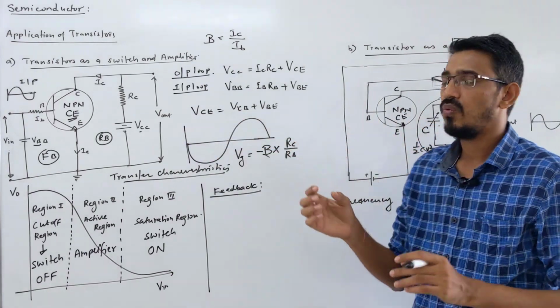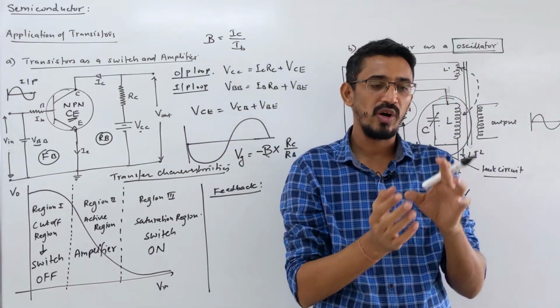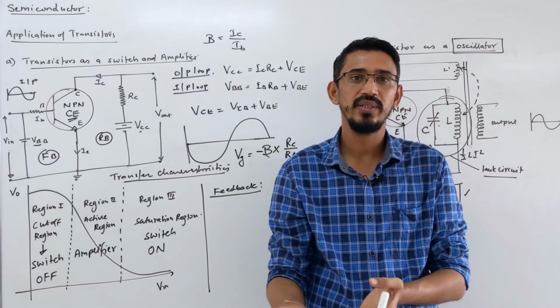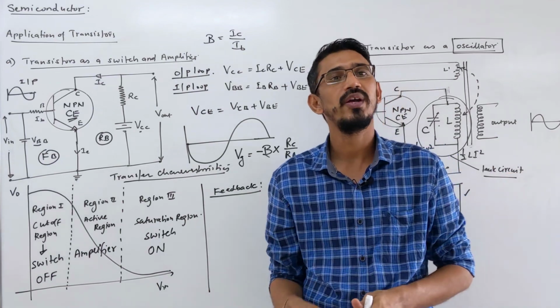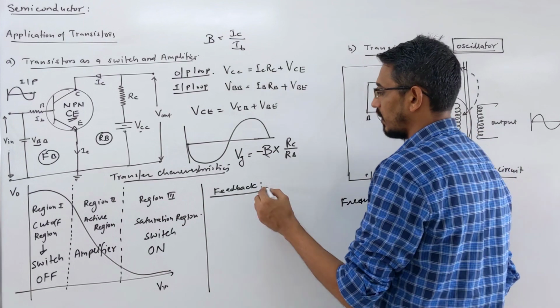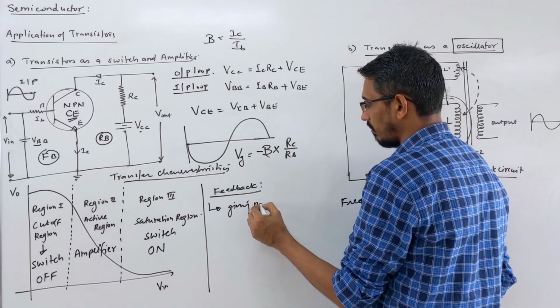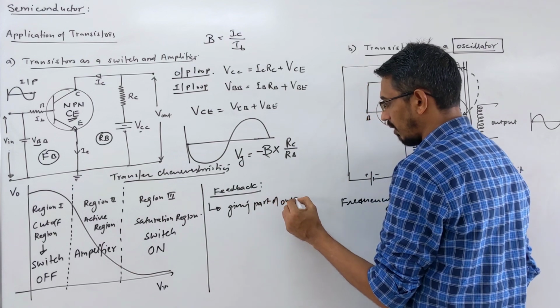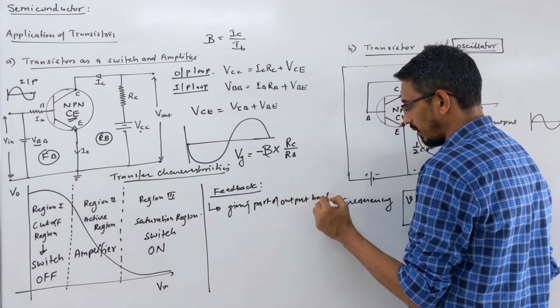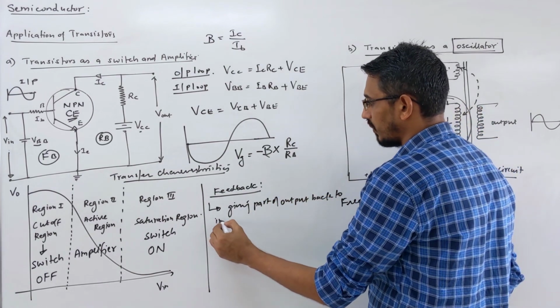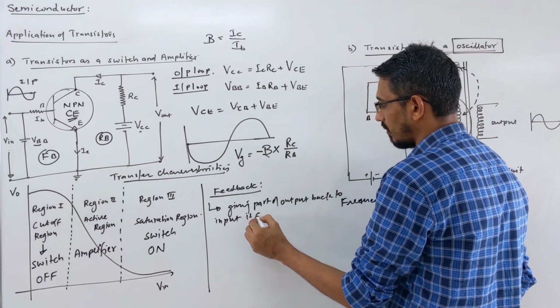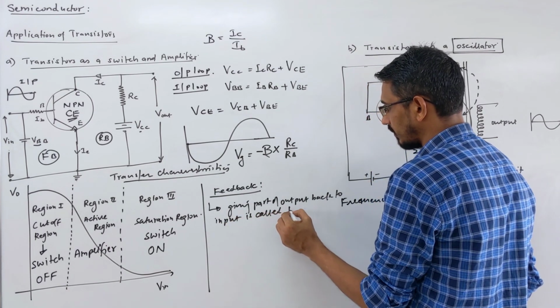Some part of the output is given back to the input. This process is called feedback. So giving part of output back to input is called feedback, right?